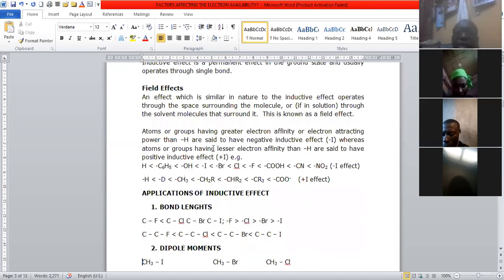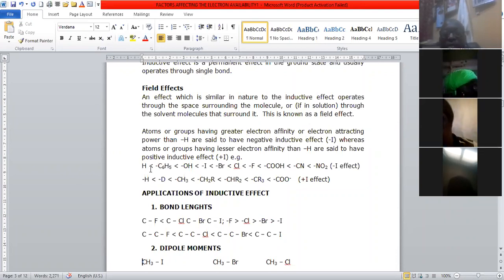Now, atoms or groups have been identified according to the strength of their inductive effect, the strength of how they can pull electron towards themselves.